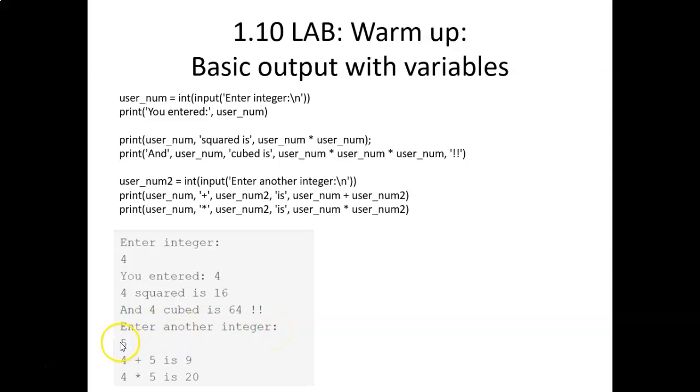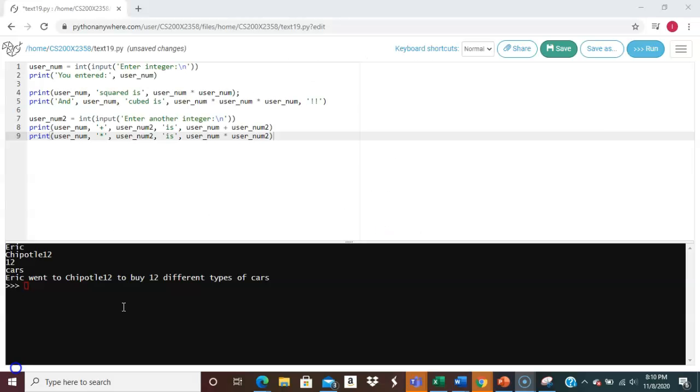The user enters 5. Then we print user num, the first value, the plus sign, the second value, which is 5, "is," and then we print the result of user num plus user num2. Then similarly, we print the product, and you can pause the video and look at this carefully.